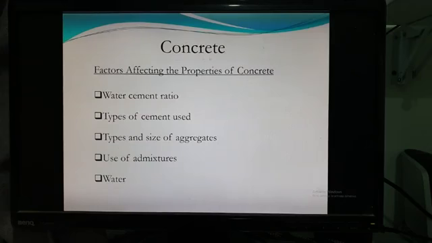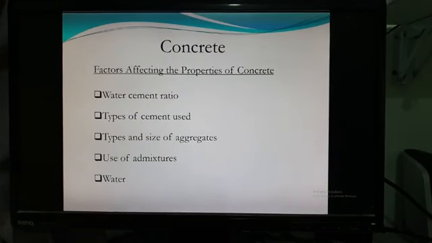Okay, so the factors affecting the properties of concrete. Okay, we have water to cement ratio. So the ratio between water and cement must be just right. That's why we do not want to have like heavy rains when we pour or during the process of curing, because this will disturb the water cement ratio.